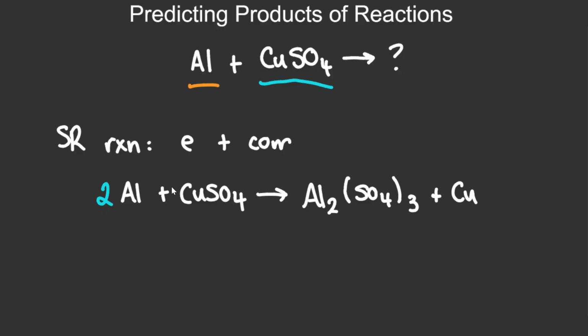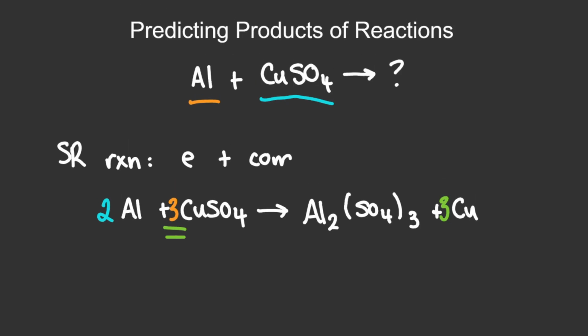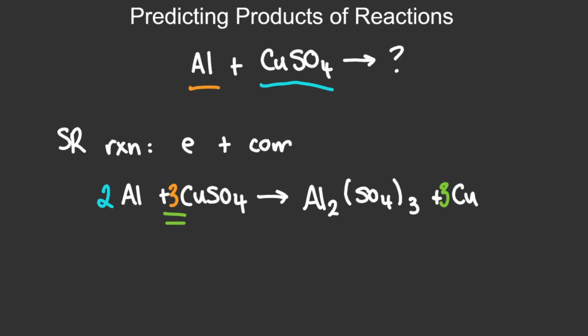So we're going to add a coefficient of 3 right here. The final thing we need to do is add a coefficient of 3 on the copper, since we added a coefficient of 3 at the copper sulfate. So this is our final answer right here. Hopefully you all got that practice question right.